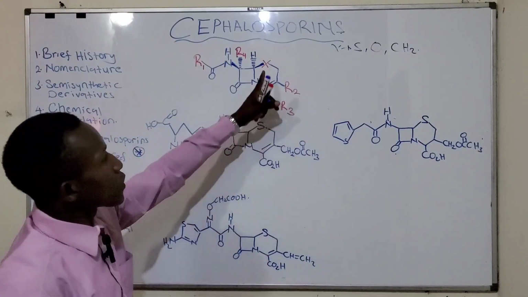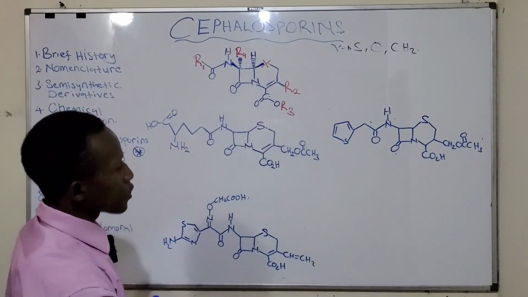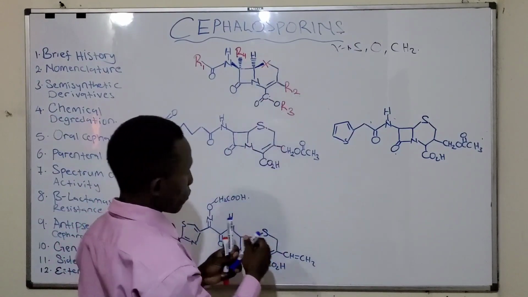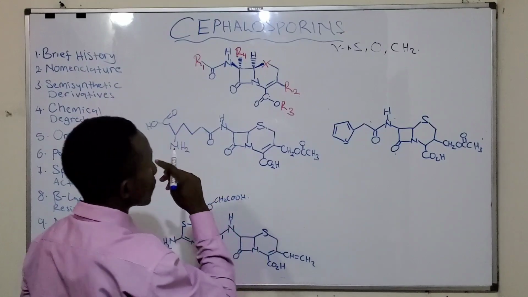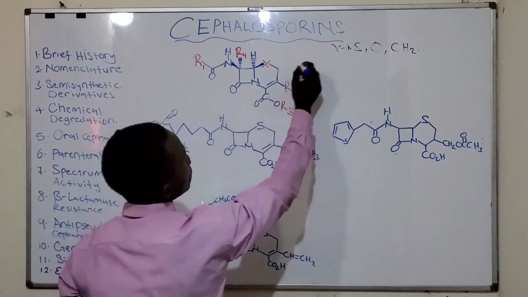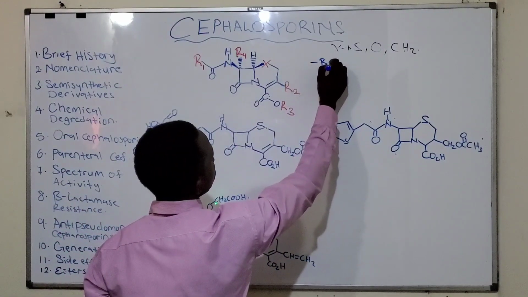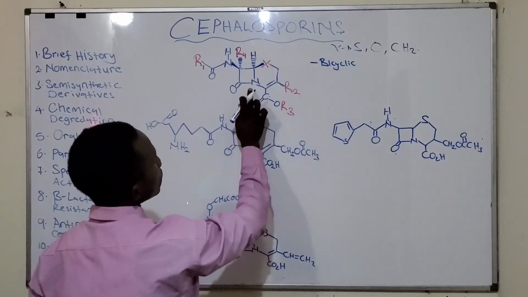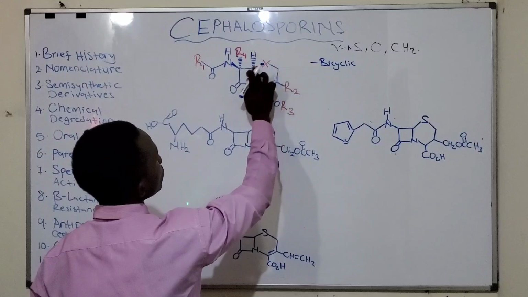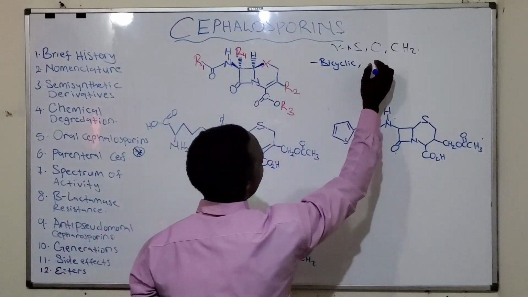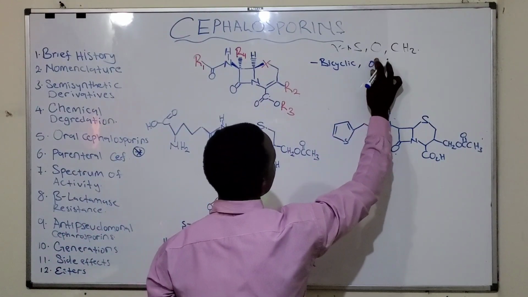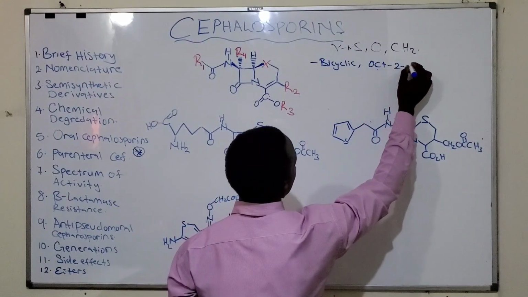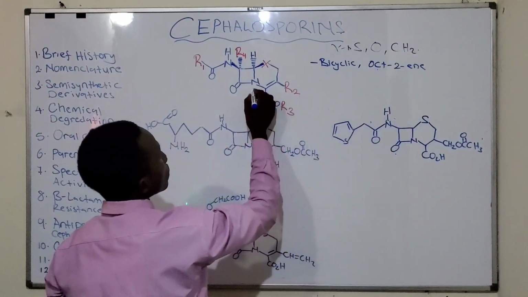Since most of the cephalosporins have sulfur, I'm going to use sulfur as the atom there. So this ring system is bicyclic, and it is 1, 2, 3, 4, 5, 6, 7, 8. So it is octane. Oh, it's octene. Oct-2-ene, because this is 1.